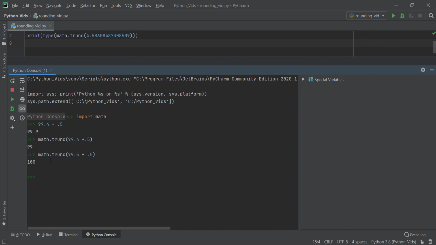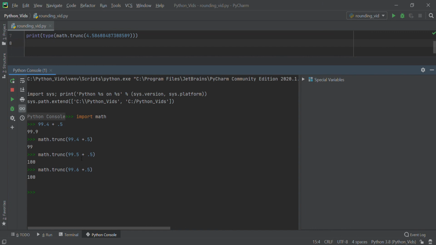And so this is kind of a backdoor way of rounding if you think about it, because what if we were doing 99.6 plus 0.5? Well, that's also going to give us 100. That's going to round it up. So this trunc function can be used to round if we take the number we want to round and add 0.5 to it.